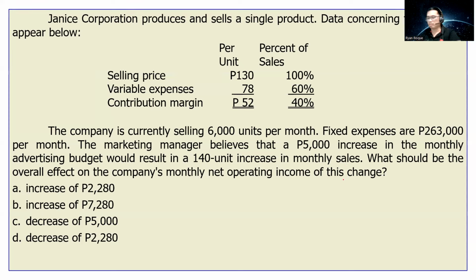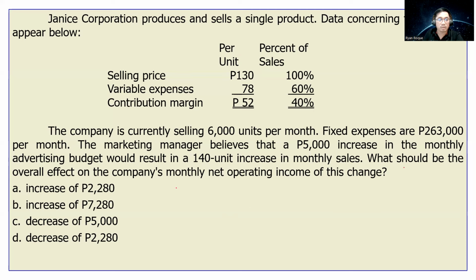So we are down to our few more problems. So let's have Janus Corporation. So it says here, Janus Corporation produces and sells a single product. So here are the data pertaining to Janus Corporation. So let's check first the question.